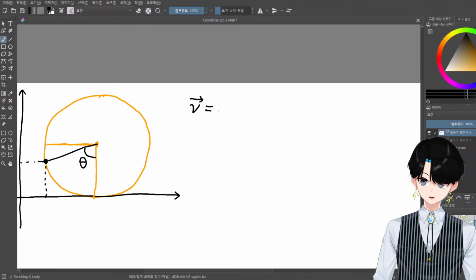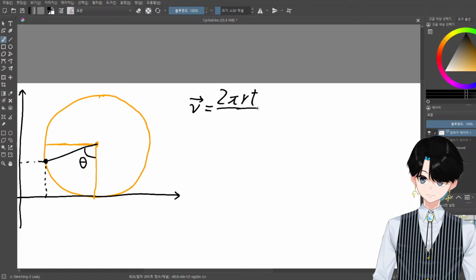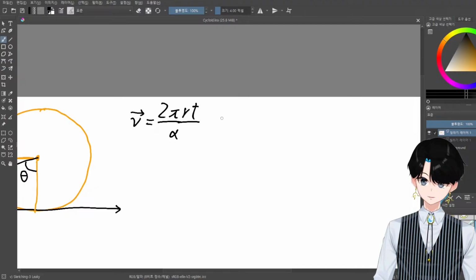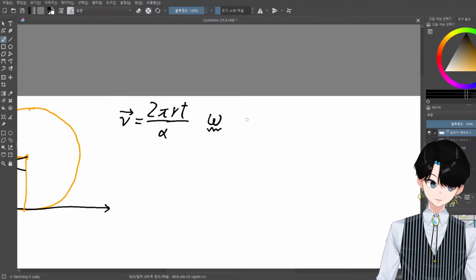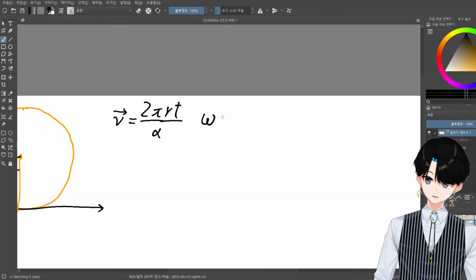It was R times T. I know there was a specific name for this. Revolution speed, RPM. I'm just going to name it RPM.